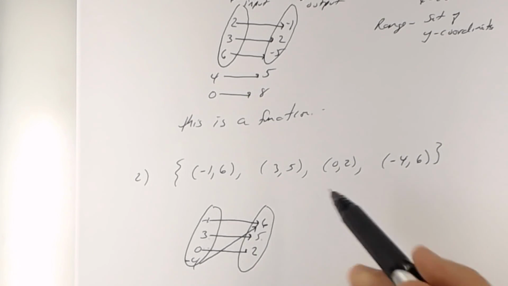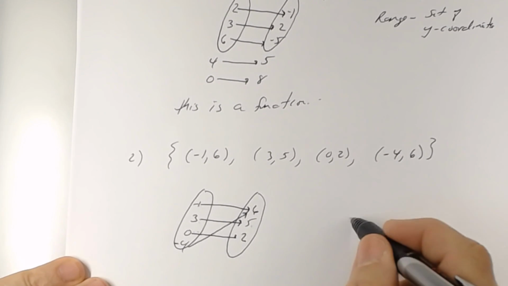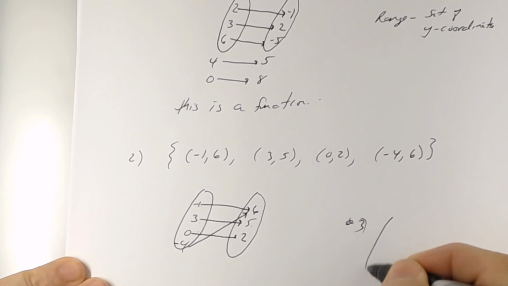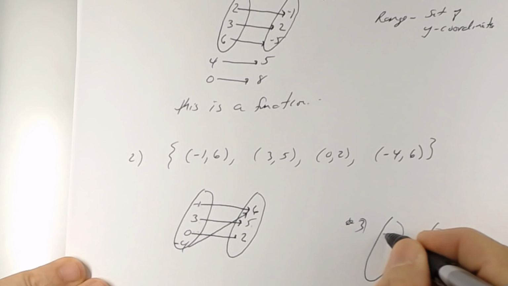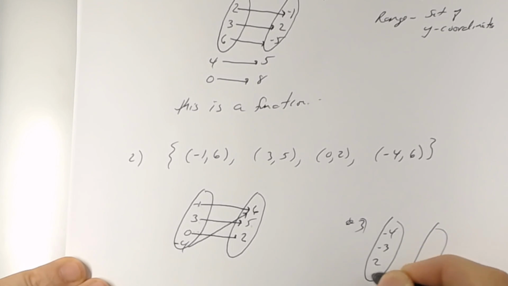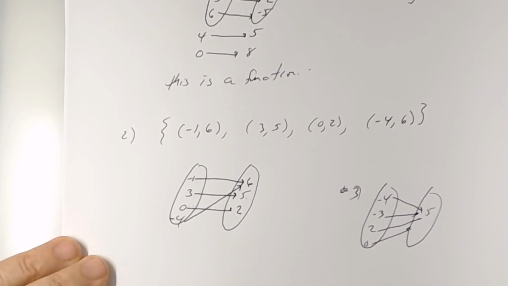So basically, you can have the same y value for multiple x's, right? That's fine. I mean, you could have had this, guys. I'm going to ask you this in number 3. Is this a function or not a function? Listen carefully. And let's say they all get mapped to 5. Is that a function, not a function? It is a function. Why? Y'all getting confused. For each x coordinate, there's what? 1 y.